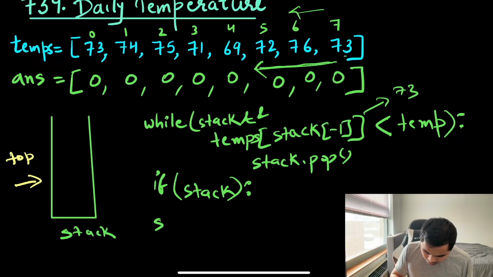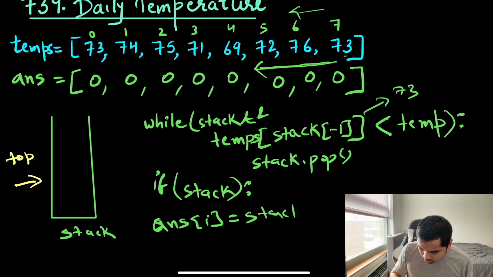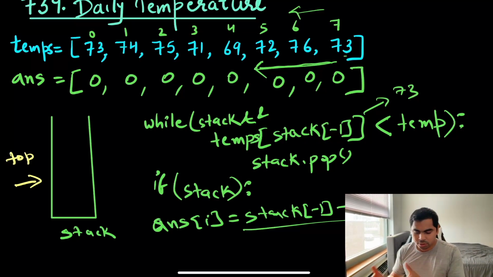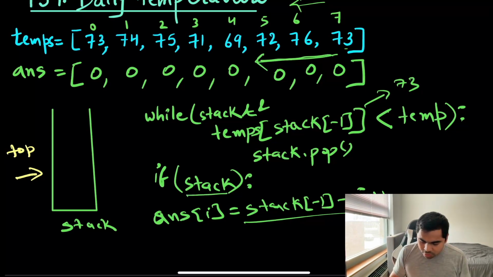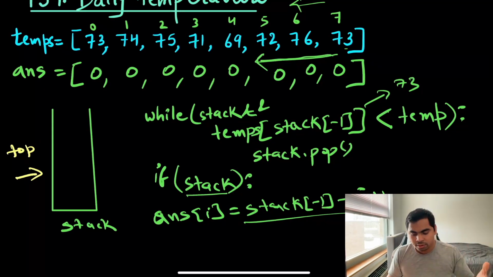I'll store the answer I as stack top minus current I plus 1, so that's the number of days I'm going to wait to see a warmer temperature. In this case, this will remain 0, since my stack just got empty and we have popped out everything because we couldn't find anything greater than 76.